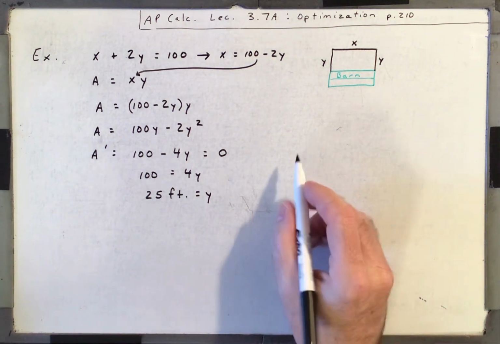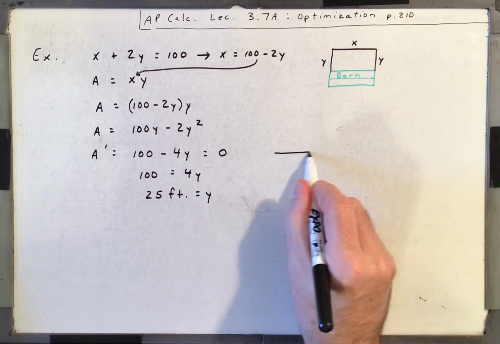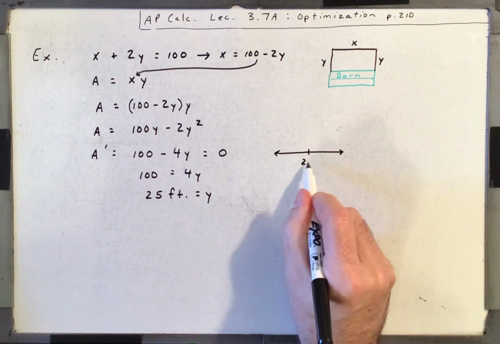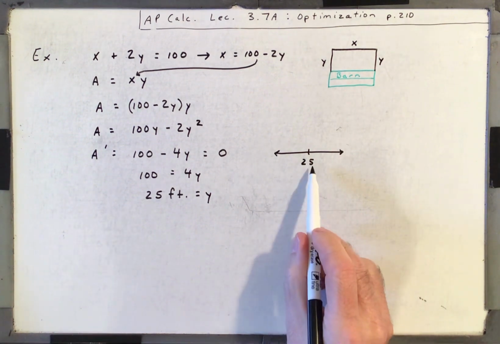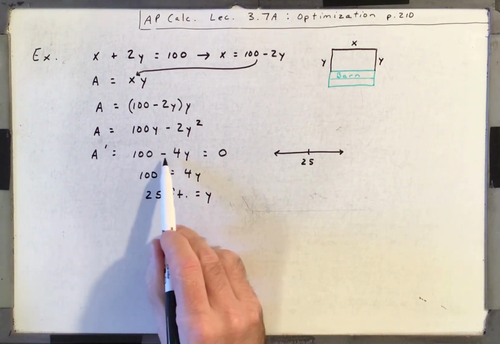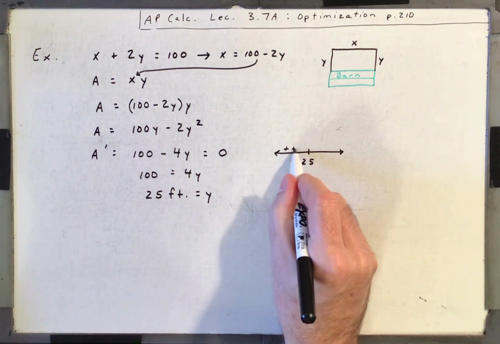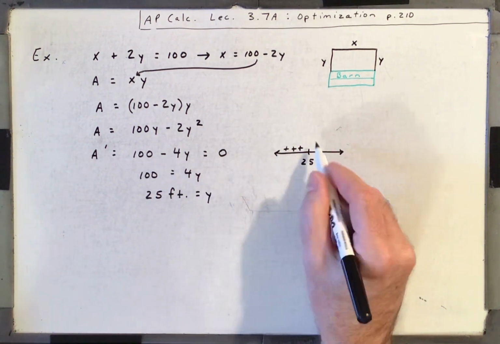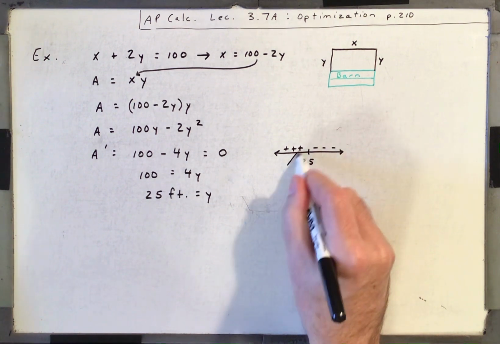Okay, now just make sure real quickly that this is a max. To the left, let's say it's 100 minus 4, that's positive. And then to the right, let's say it's 100 minus 400, that would be negative. So it is indeed a max.